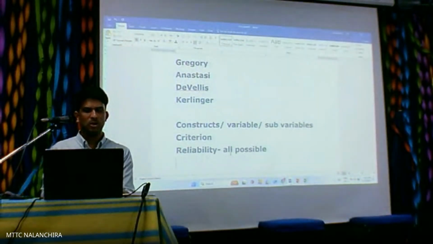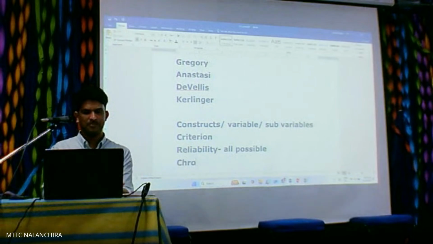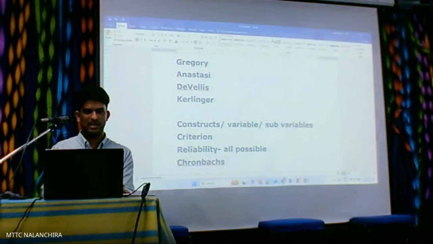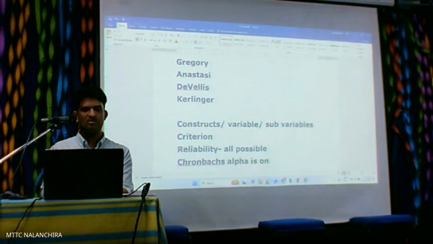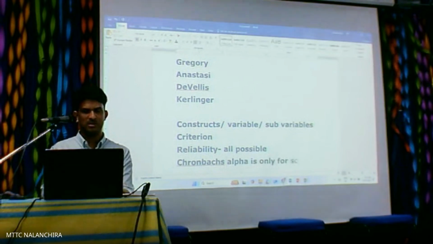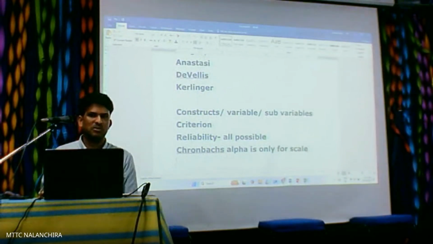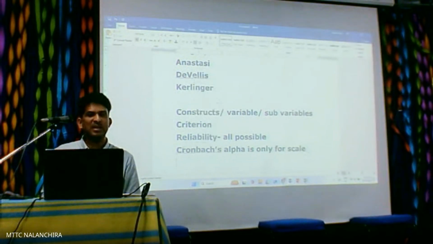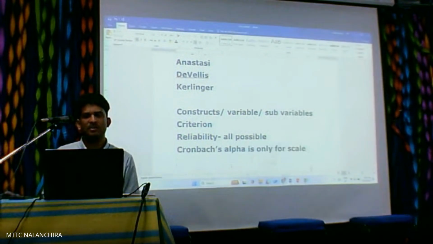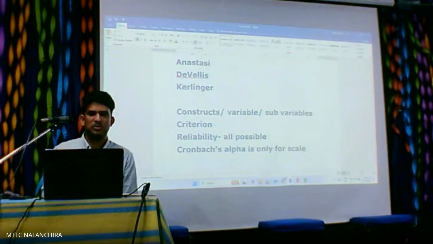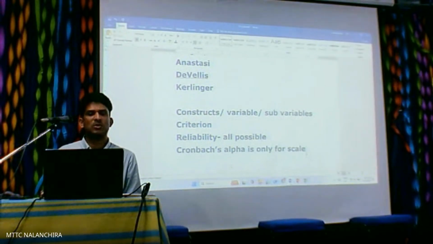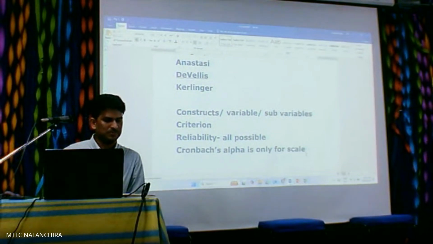But Cronbach's alpha is only for scale, not for questionnaire, not for test. Generally, we don't use it for test. If you have any other evidence, you can see. In some studies, I don't have the reference now, but I have seen that Cronbach alpha is used only for scales.